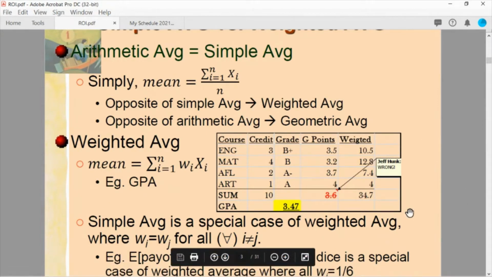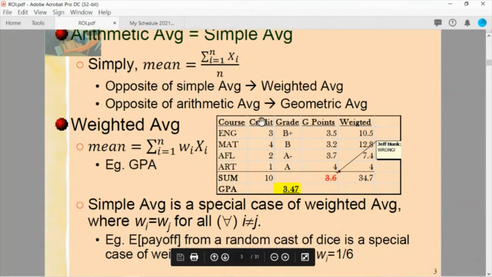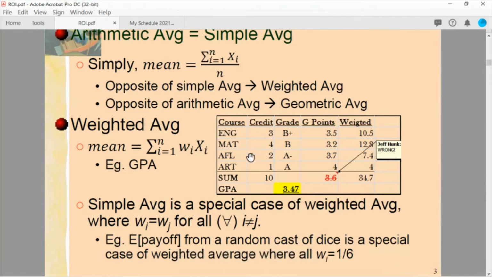Please watch the main lecture video, right? But GPA is a good example of weighted average, right? Because not all of these courses are weighted the same, and the different weights are indicated clearly by the credits that they carry, right?